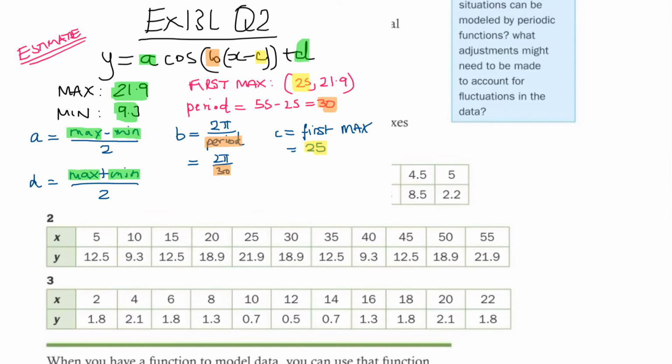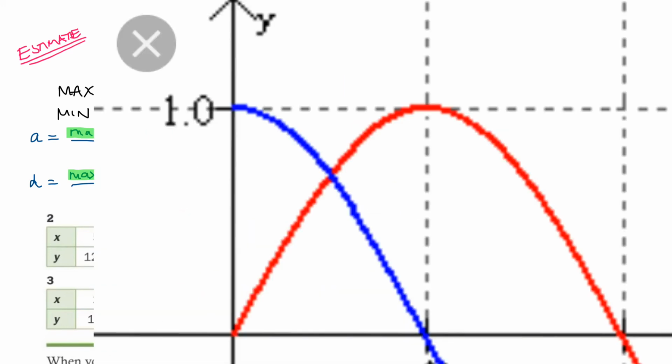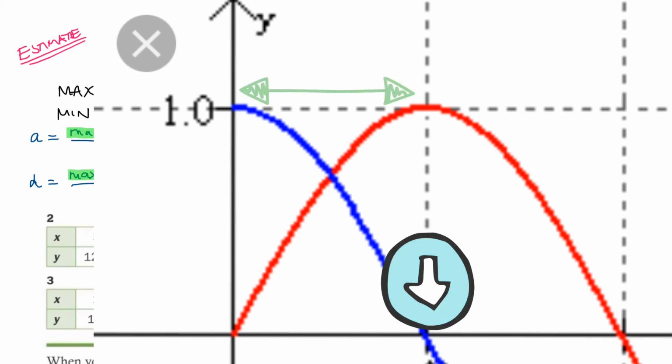That is going to be our horizontal shift, C. So from 0, when is the first maximum? Well, the maximum is 21.9. And what is the x value of our first maximum? It's 25. So that means that our horizontal shift is the first x value of our maximum data.